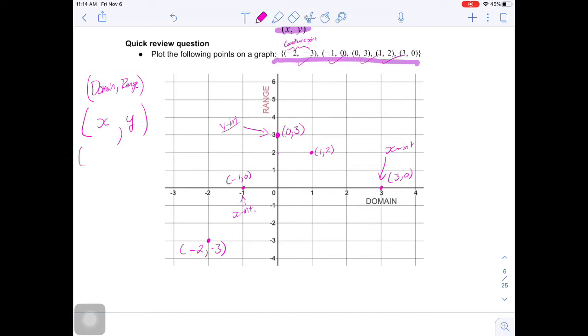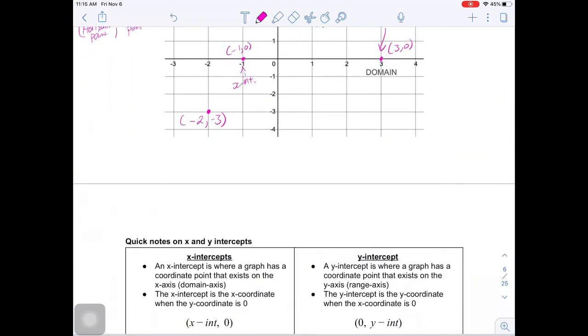And remember, this is always your horizontal point first, and then your vertical point second. These are all stating the same thing. Domain is what's found here. Range is what's found here. This is usually your x-axis. This is usually known as your y-axis, so x and y.